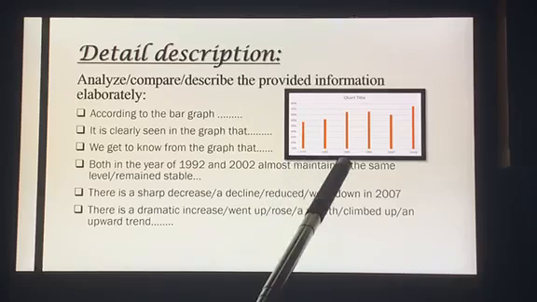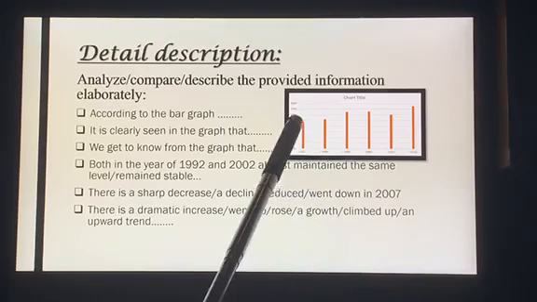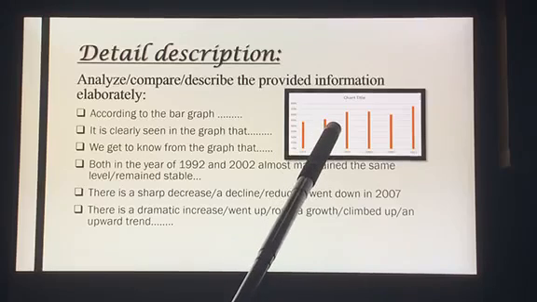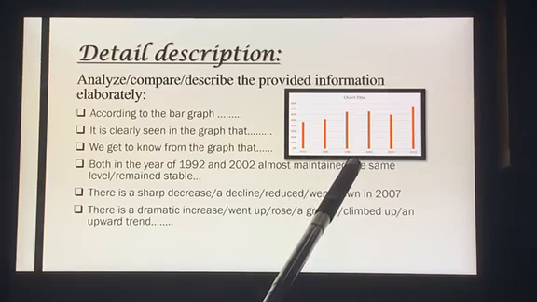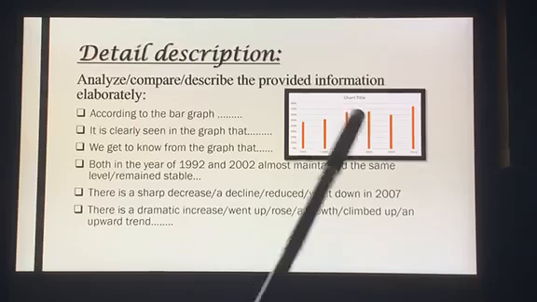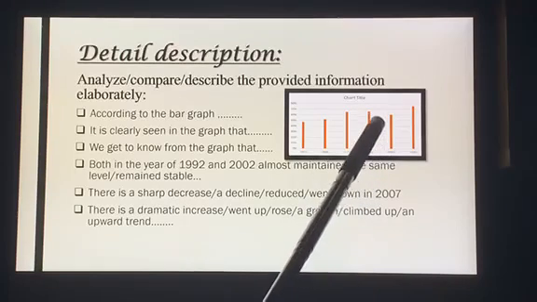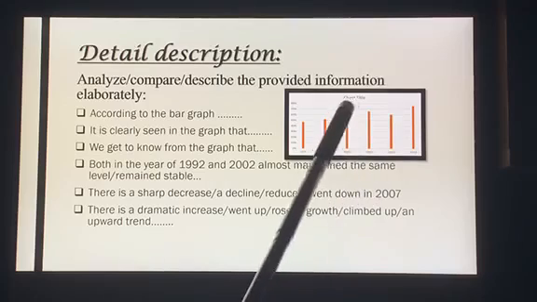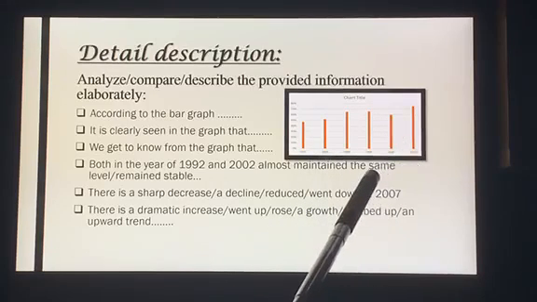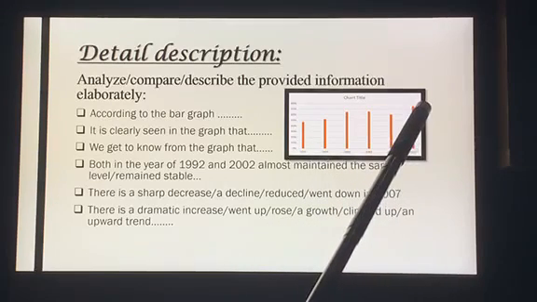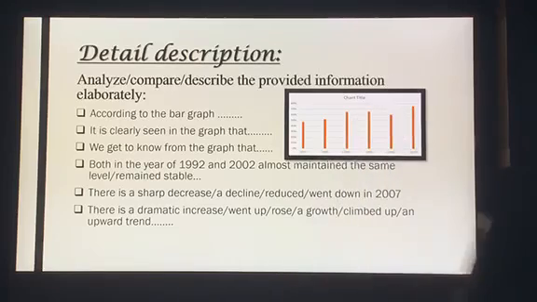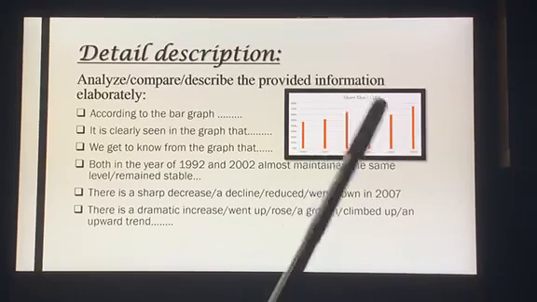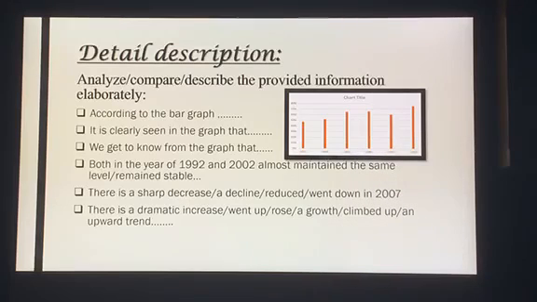In 82, it's above the 50% level, so here it is 52%. And in 1992 we see 65%, in 2002 we see 66%, in 2007 it decreased to 60%, and in 2012 it is 35%.